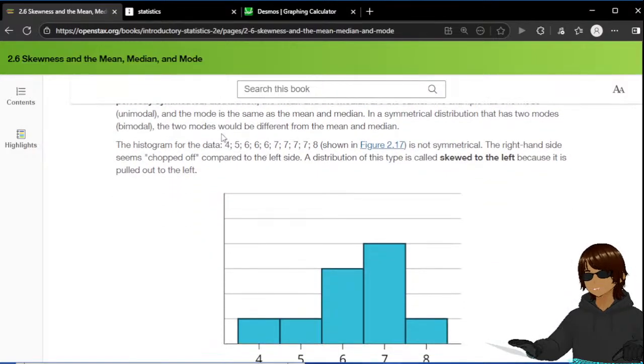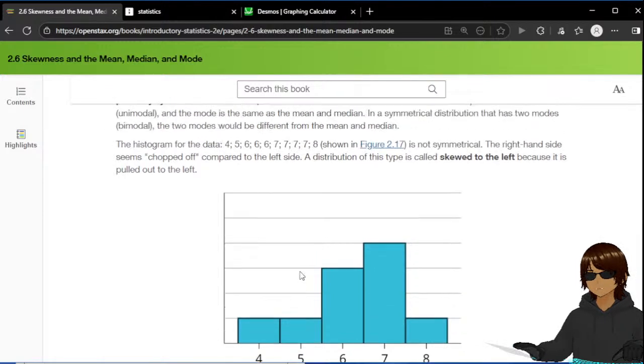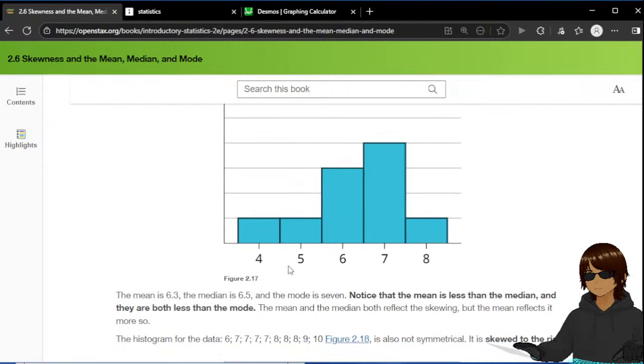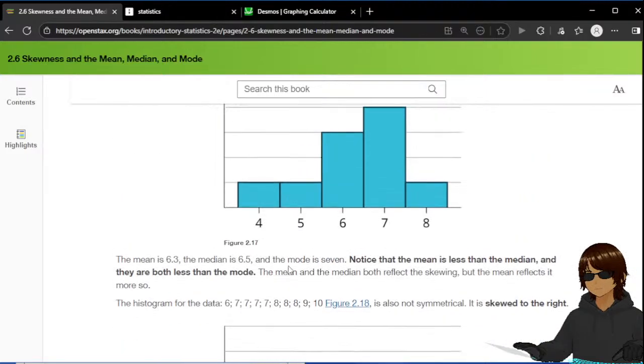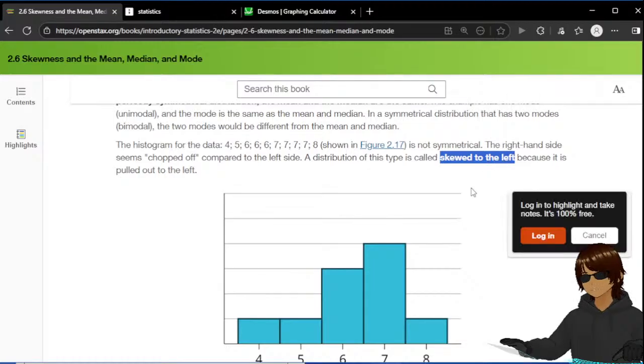A histogram for the data is not symmetrical. The right hand side seems to be chopped off compared to the left. So there's more on the right compared to the left. A distribution of this type is called skewed to the left because it is pulled out to the left. Skewed to the left. Wouldn't it make more sense to call it skewed to the right? I don't understand this phrasing, skewed to the left.